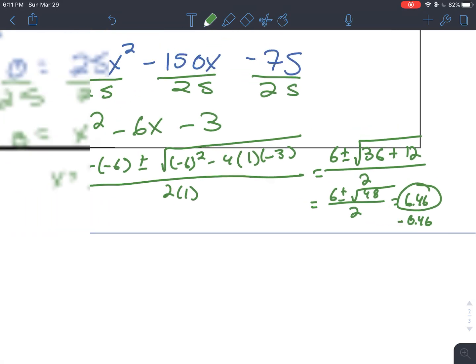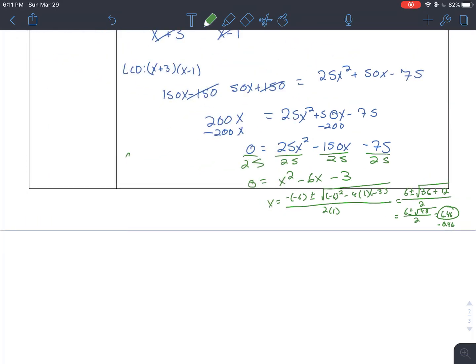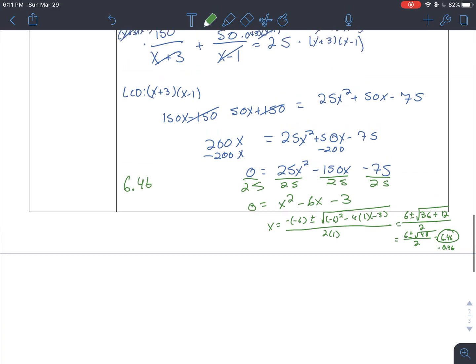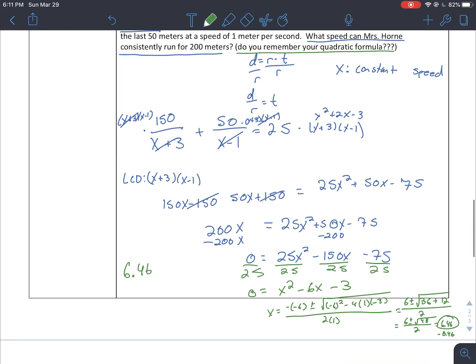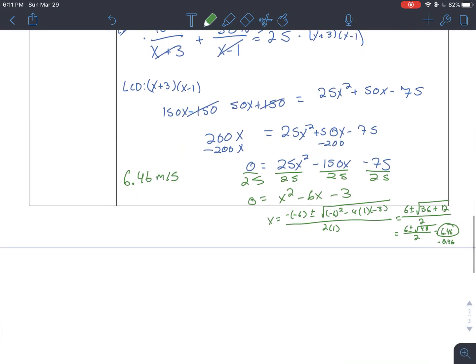So it looks like our positive 6.46 is the one that we want. So 6.46, what's our units? Units are meters per second. So it looks like Mrs. Horn runs 6.46 meters per second.